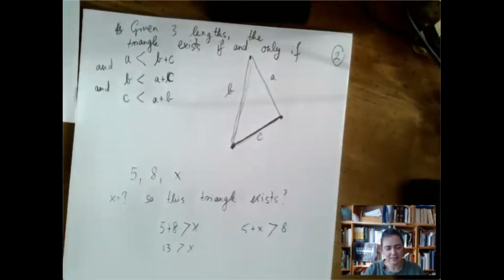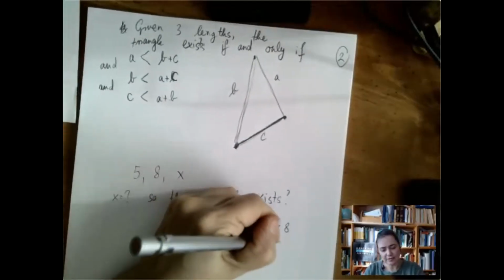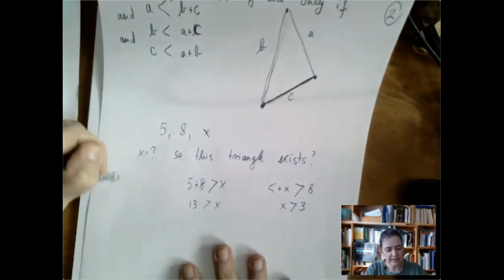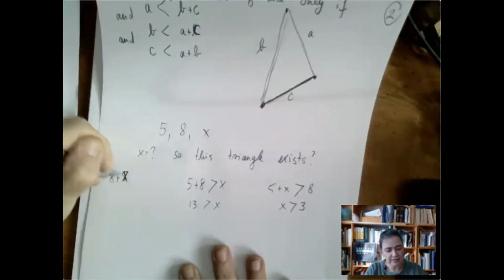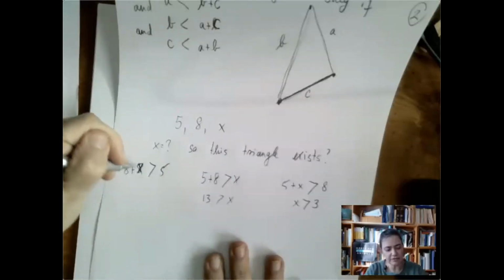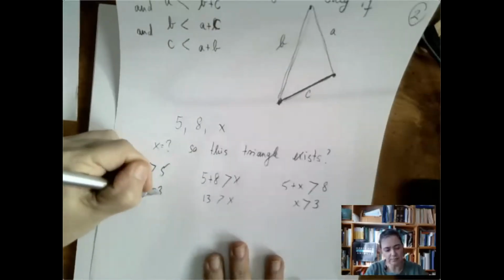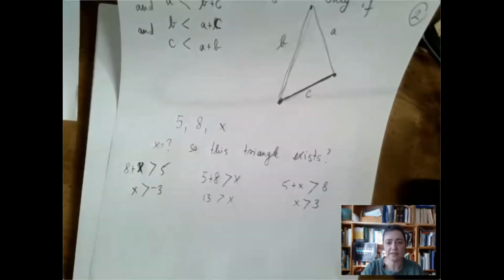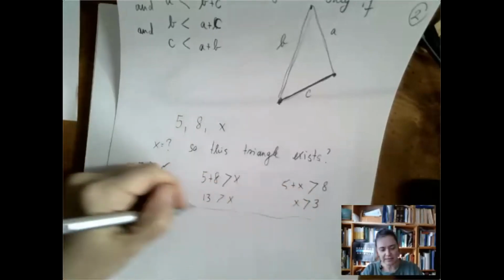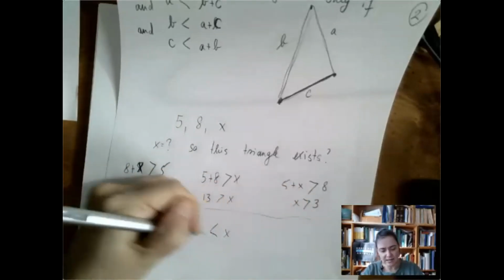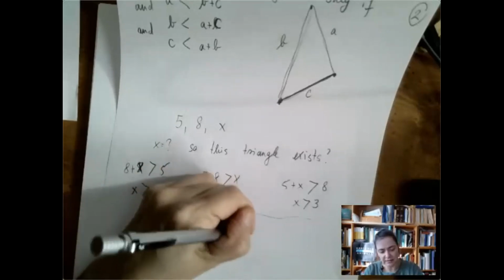And that means x better be more than 3. And then 8 plus 5 bigger than 8 plus x bigger than 5 is not going to give you any useful information because, of course, x should be bigger than -3. It should be a distance, right? Distances are non-negative. But these two are kind of meaningful. So x has to be between 3 and 13.